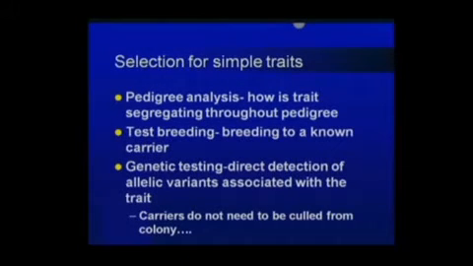So in selecting for simple traits, there are a couple of ways to do it. Pedigree analysis is the traditional way. You look at who's affected throughout your pedigree, and you can make some probabilistic calculations in terms of who's probably a carrier, who's probably clear. Affected, in the case of a recessive trait, is obvious.